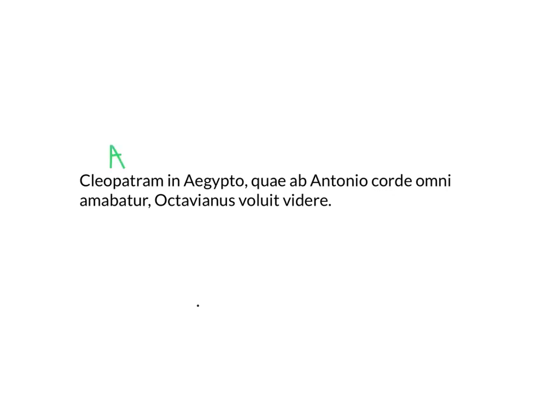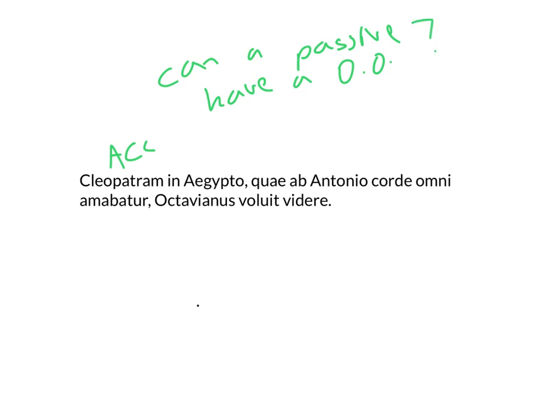Now, before we get too far, let's ask ourselves, can a passive have a direct object? The answer is no. Of course not.